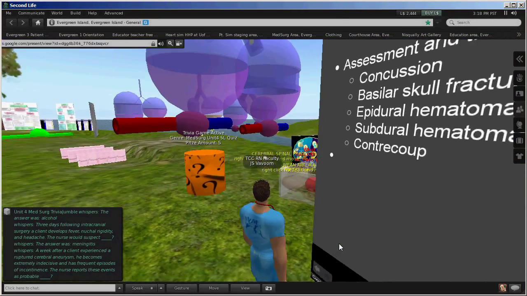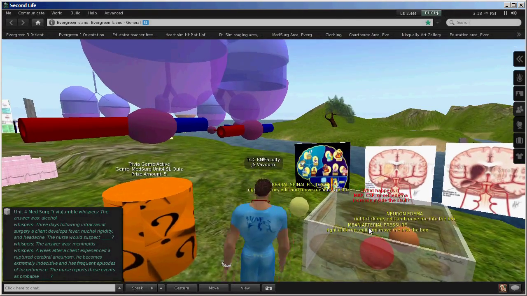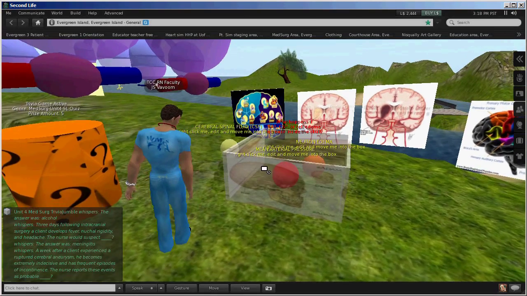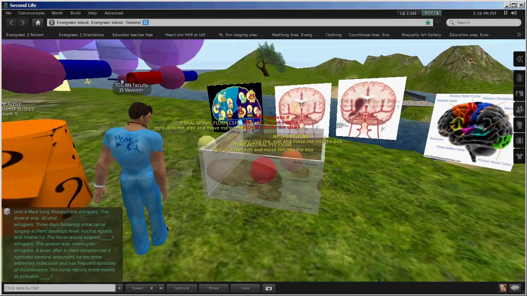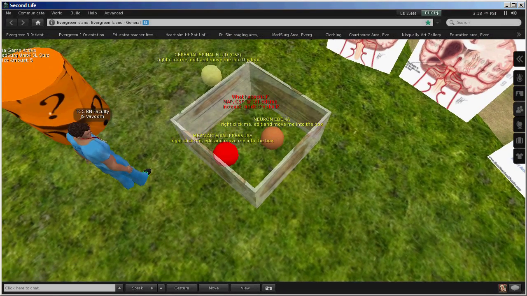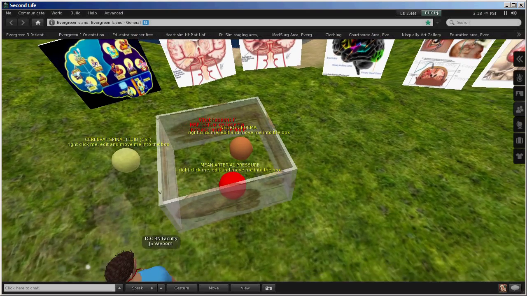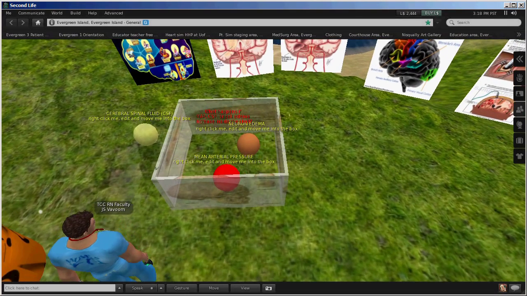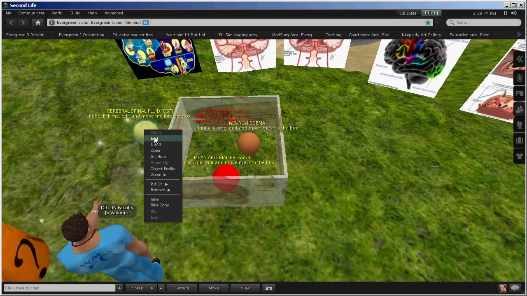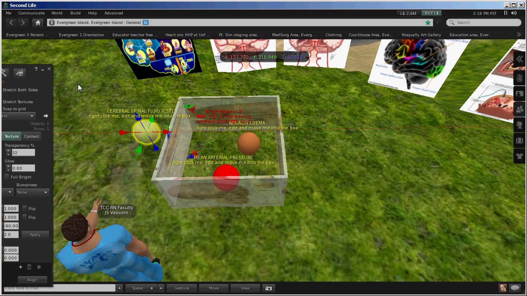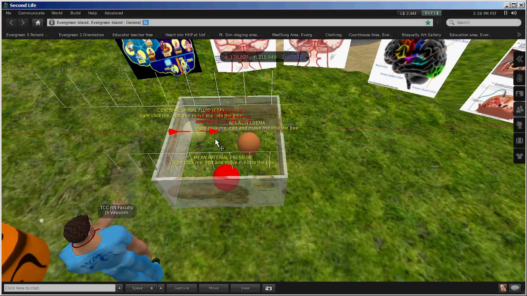Last thing I wanted to show you was this model, and this is designed to show intracranial pressure. If you think of this box, shoot from down above, the box is actually your brain, and it's a confined space. I'm right clicking and dragging these, and you should be able to drag these around.